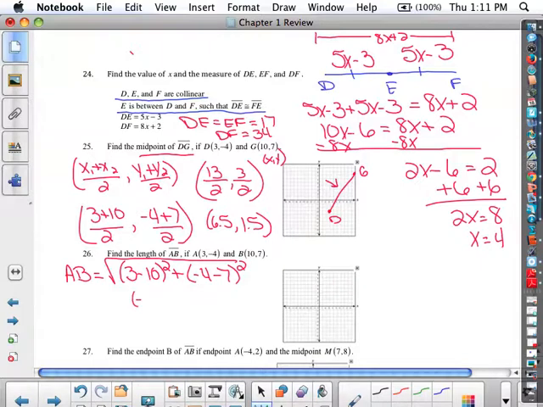So I have minus 7 squared and minus 11 squared. I'm going to take the square root of that. So 49 plus 121, square root of that. So I have the square root of 170. And you can leave that, or you can get a decimal approximation. Either would be correct.